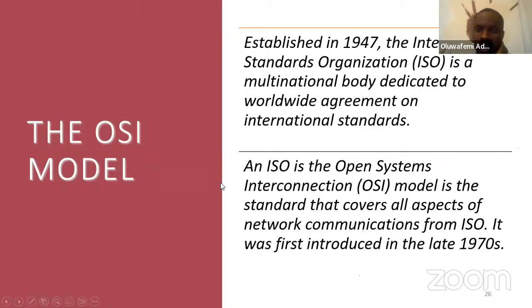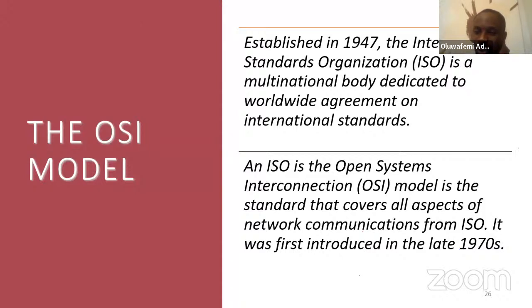The OSI model, established in 1947. The International Standard Organization is a multinational body dedicated to worldwide agreement on international standards. They are leading that space. And OSI is the Open System Interconnection. That is the full meaning of OSI. The Open System Interconnection Model is the standard that covers all aspects of network communication from ISO.